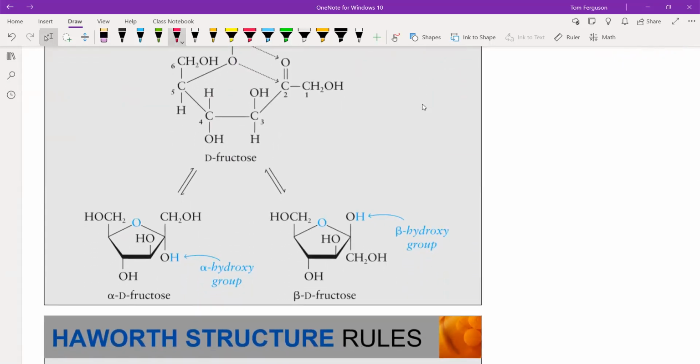Now, this is a furanose. It is a 5-membered ring. Four carbons plus 1 oxygen. So this is going to be the anomeric carbon. Hence the OH group can either be up or down.